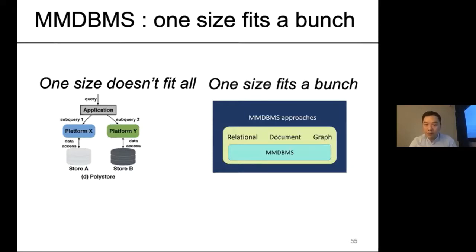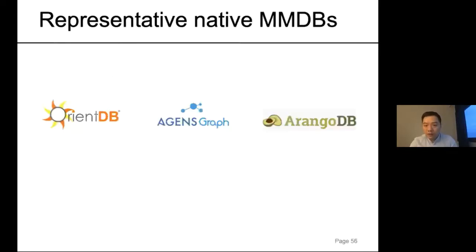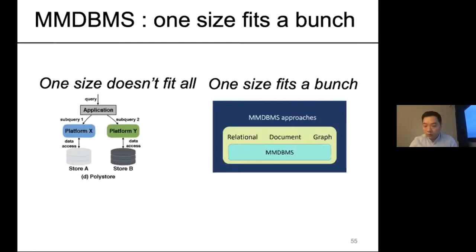For example, a multimodal database can support relational, document, and graph simultaneously. So obviously, with multimodal databases, we can, to a great extent, reduce the integration, maintenance, and operational issues.